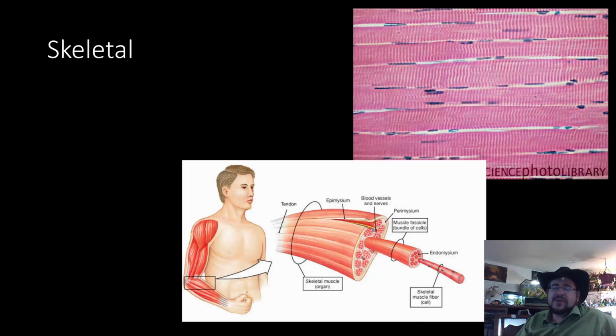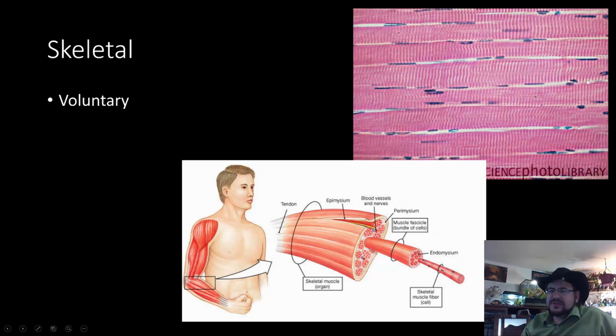Okay, so the big thing about skeletal muscle is that it is under voluntary control. You control it with your mind, right? So if I want to move my finger around and point, I think about doing it, right? It's under my control. That is voluntary. Now, when you look at this picture, you can see that these fibers, right? So this is a muscle fiber. You can see it's long. You also see that it has all these dense stripes.